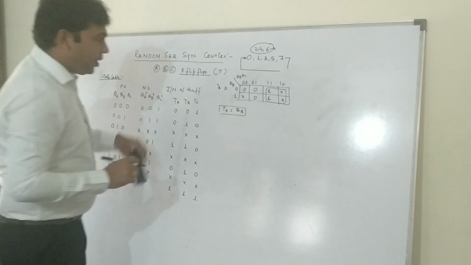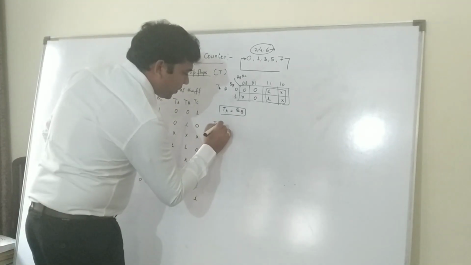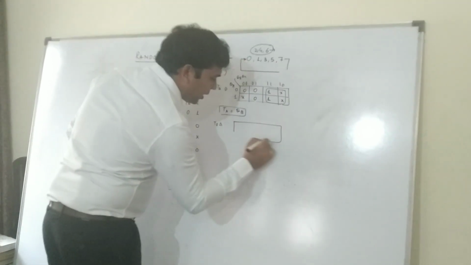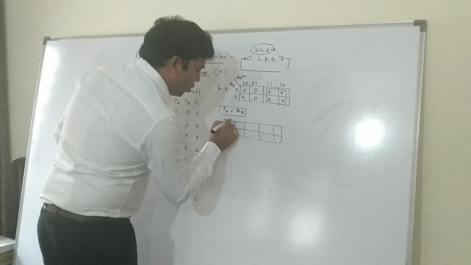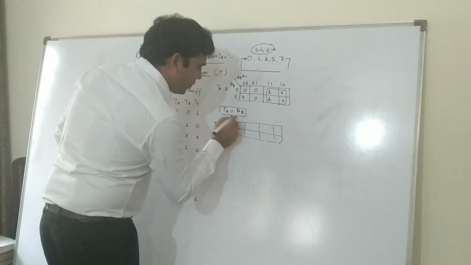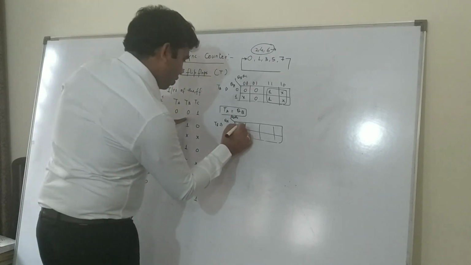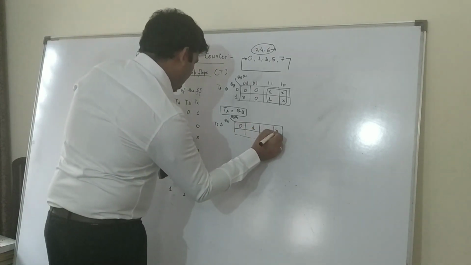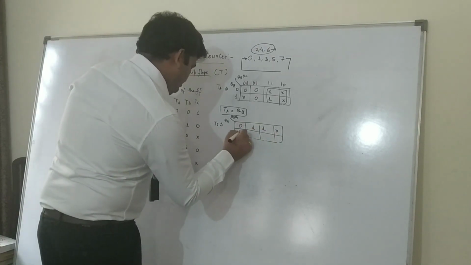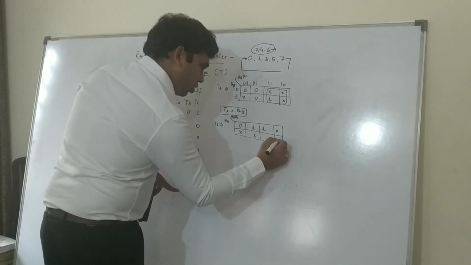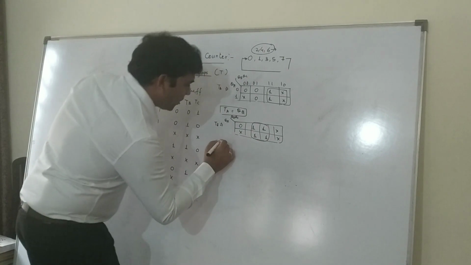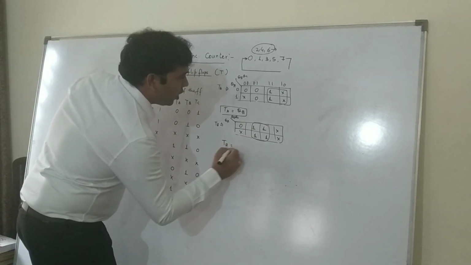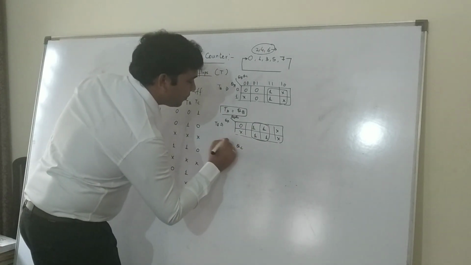What about TB? You can draw another K-map. It's QA, QB QC. So 0, 1, cross, 1, cross, 1, cross, 1. So it's simply like this. So TB equals QC.